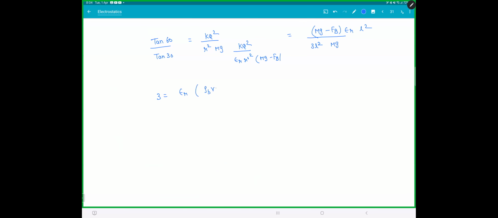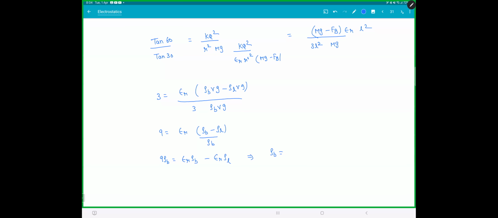mg will be rho body Vg minus rho liquid Vg, by 3 into rho b Vg. Vg will cancel everywhere. We got 9 equals epsilon r times rho body minus rho liquid, by rho b. So this will be 9 rho b = epsilon r rho b minus epsilon r rho l.